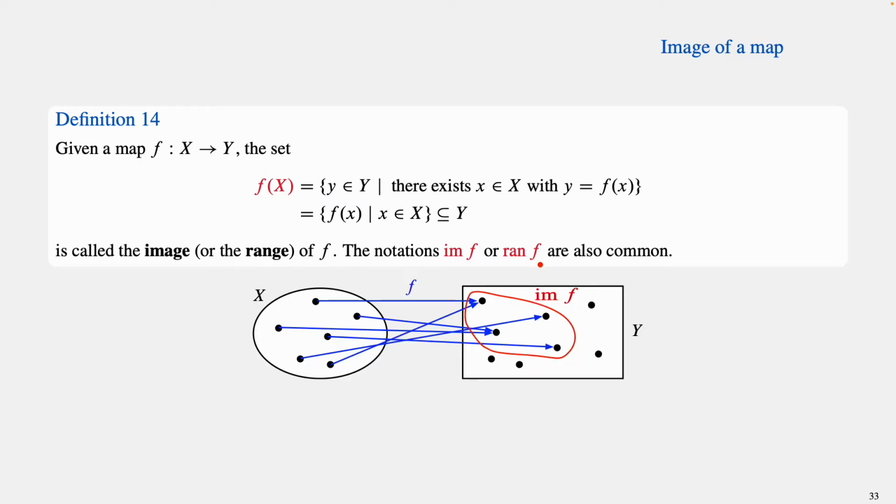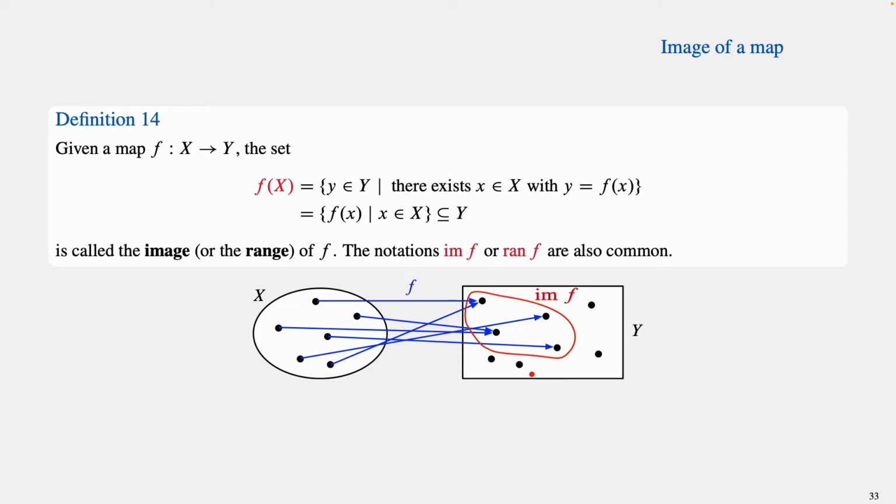And here I try to illustrate this with this image. So we have X, our input values, Y, the output values, f mapping elements of X to Y. And all the values that elements of X get mapped to are contained in this image set.